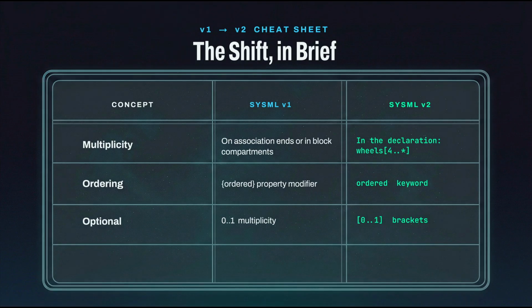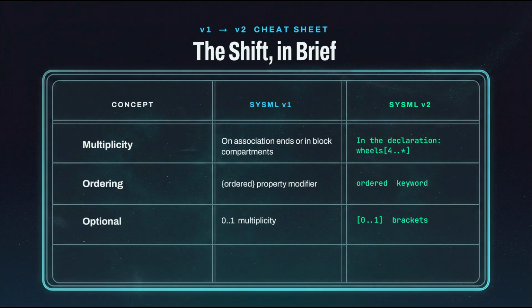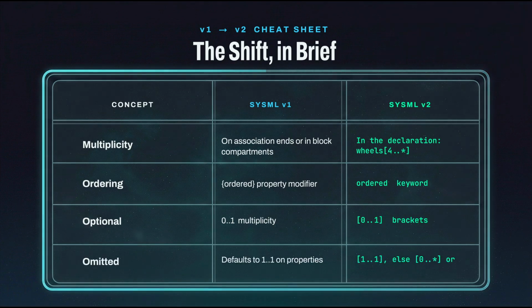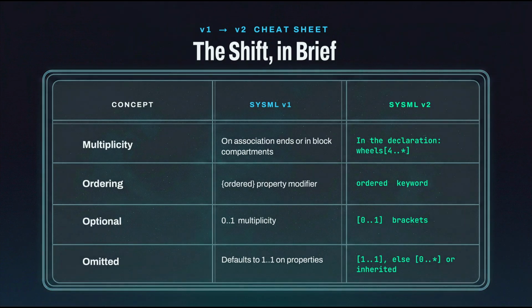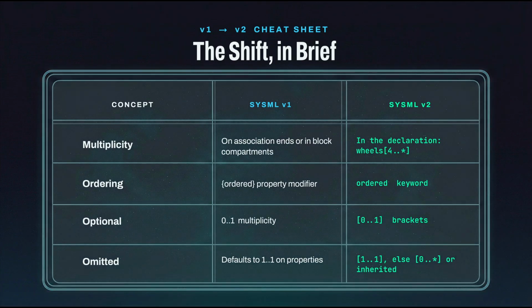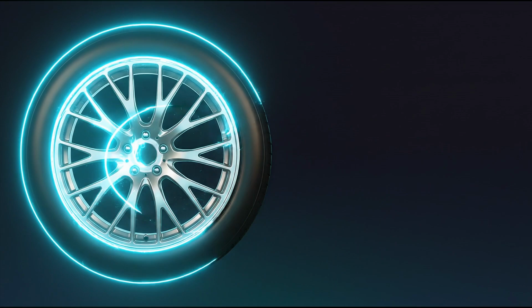Optionality keeps the same familiar 0..1 idea, but SysML v2 writes it in normative square brackets. Finally, do not assume every omitted multiplicity means 1. The 1..1 default applies only to qualifying structural usages, while other contexts can have an effective 0..asterisk default or is inherited directly from the specialized parent.